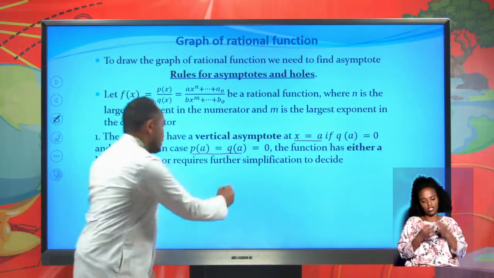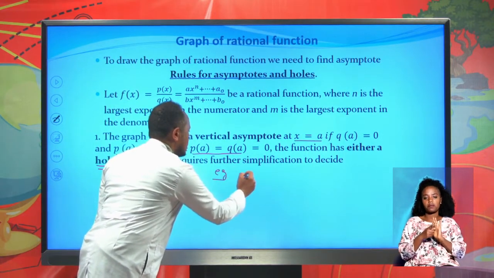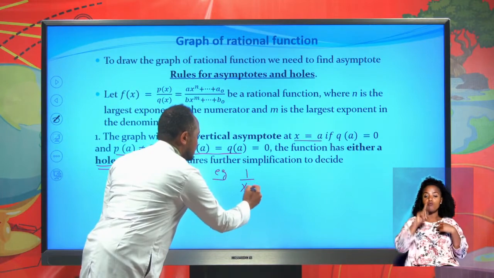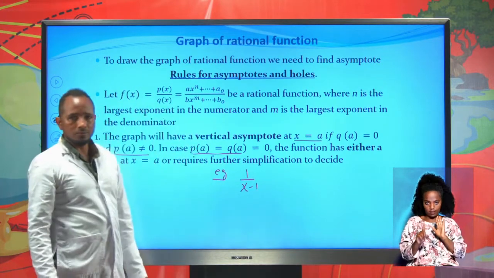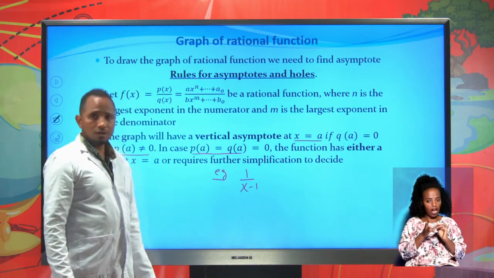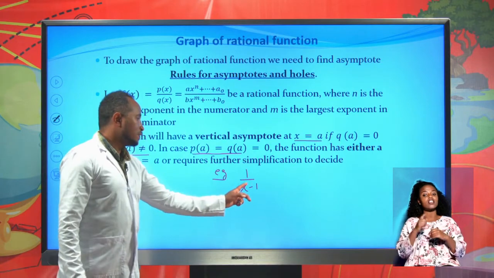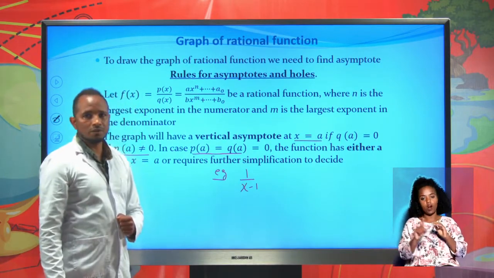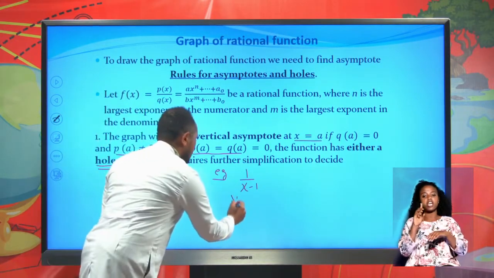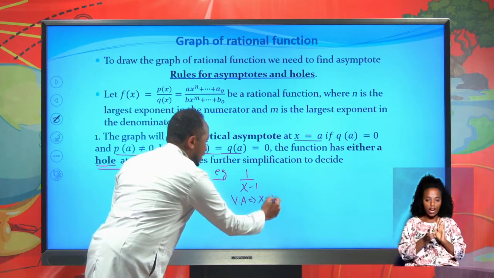Look, for example, if you have 1 over x minus 1, the vertical asymptote for this expression will be x equals 1, because the value of x that makes the denominator 0 is 1. This number cannot make the numerator 0. So the vertical asymptote is x equals 1.